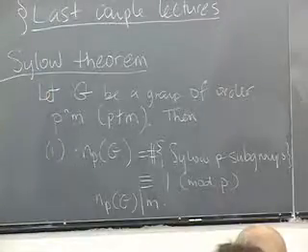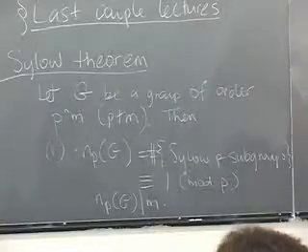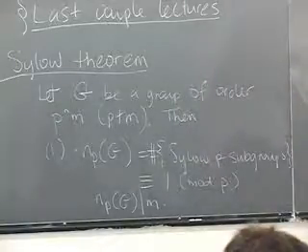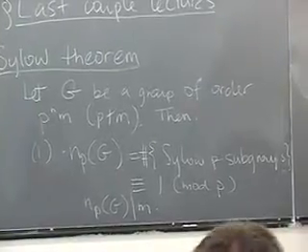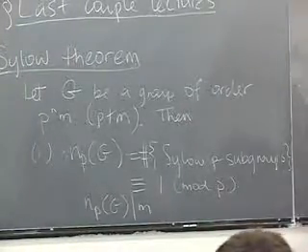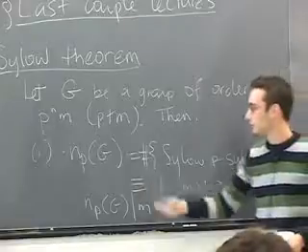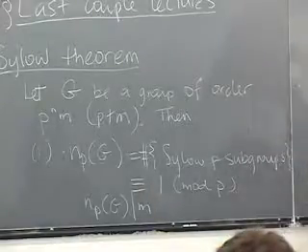And these are really, really useful because in many cases this sort of counting thing allows us to figure out exactly how many subgroups of order p to the n there are. And that can be a source, for instance, of normal subgroups if you can show that NP of G must be 1 for some p.